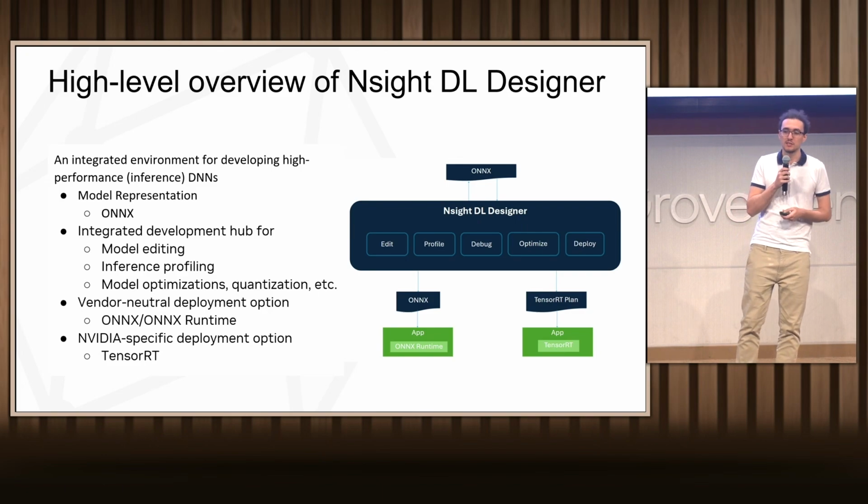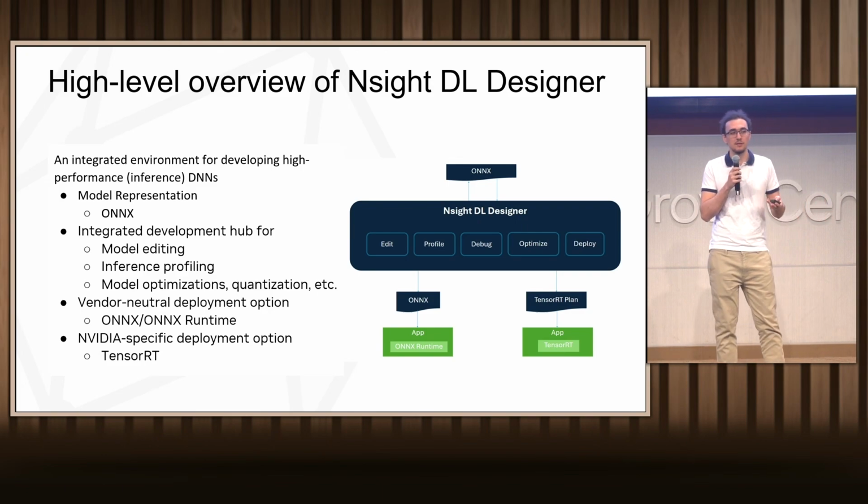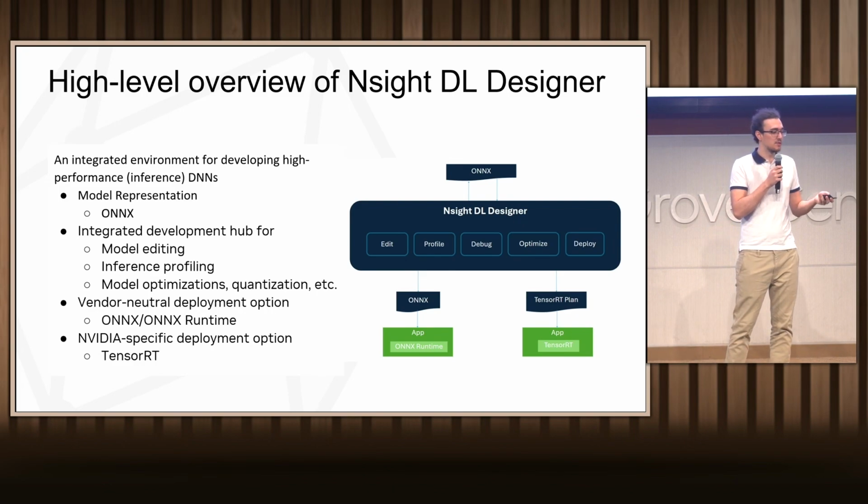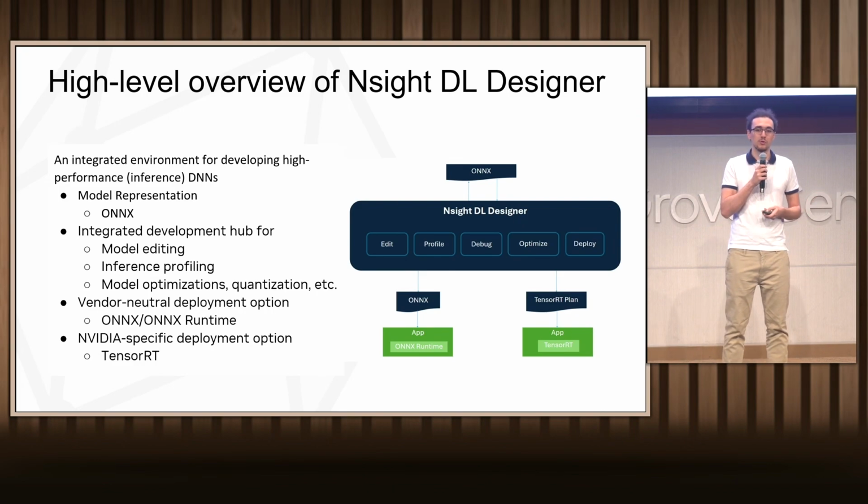And that can be processed or consumed by any ONNX-based application, like ONNX Runtime. There is also an NVIDIA-specific deployment option through TensorRT. DL Designer is capable of exporting a TensorRT engine file out of the ONNX model, and that can be consumed by any TensorRT-based application.